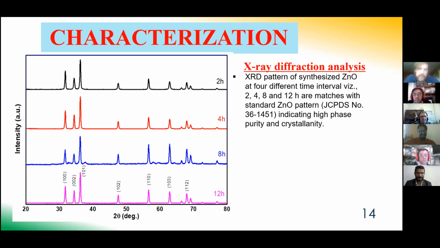Maybe it is important to prepare an oriented sample with texture. Maybe this is important for your effect, for the stability. You show some results with stability. Maybe this is correlated with this situation. What is your opinion?